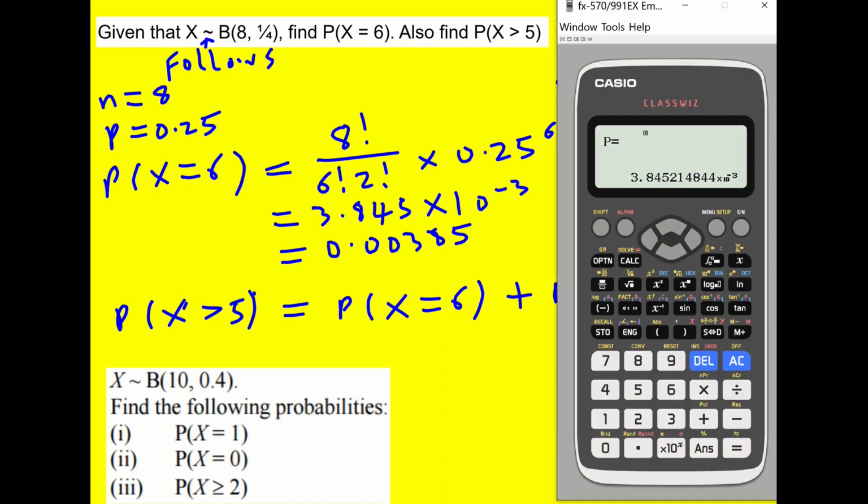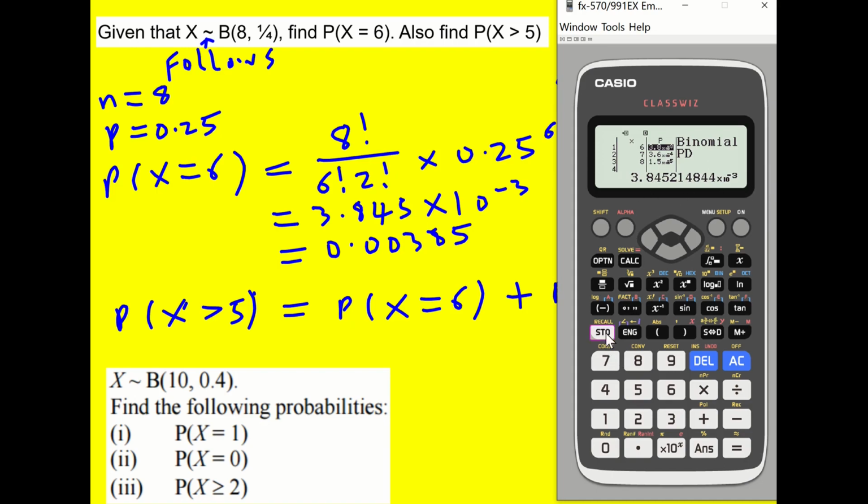Okay, I could work them all out, or I could go back to my distribution and this time use the list function. So I'm interested in 6, 7, and 8. The same number of trials and p, and here we go. Now it only gives it to 2 significant figures here, but if I go onto it like this, I get the full thing.